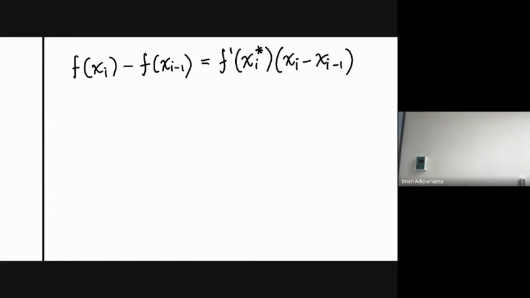This is the delta y, right? This is the delta x, right? This is the mean value term. From the same notations, I can make out the theorem for the mean value term. And I can write f(x_i) minus f(x_{i-1}) becomes the delta.